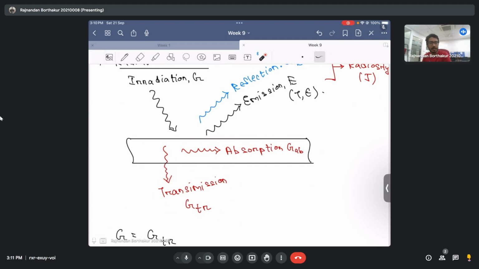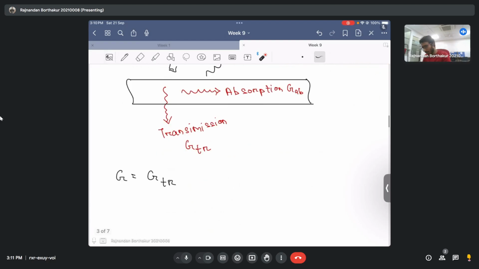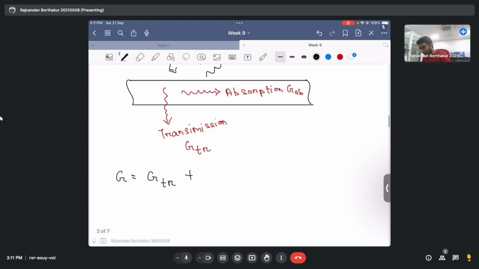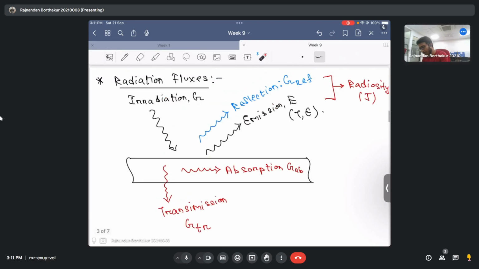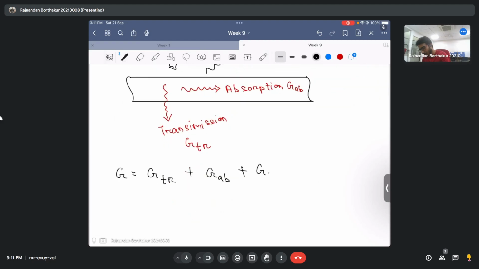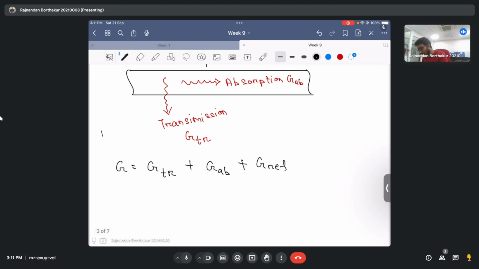This can be interpreted as the transmission, and we call it G_TR. So G is the summation of G_TR plus the absorption, which is G_AB, plus the reflection, which is denoted by G_REF. Okay. So of course, this is the flux. This is the first kind of flux that I am discussing, and this is known as the irradiation.